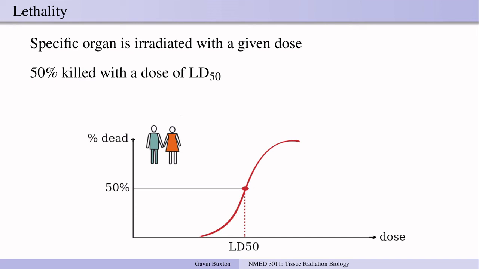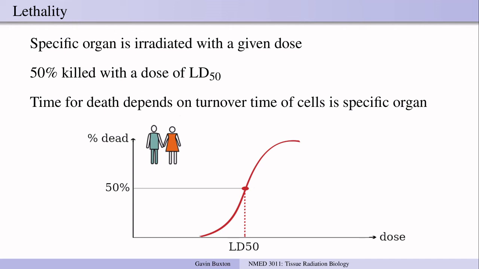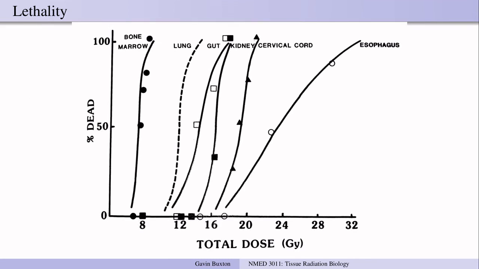But also another important measure is the time for this death to occur. And this depends upon the rate of the turnover of the cells within that given tissue. Here's a series of dose response curves for the lethality of radiation when different normal tissues are subject to localized irradiation.